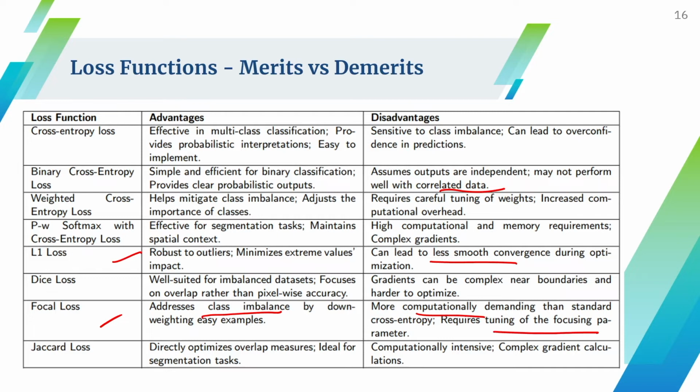And another methodology we can see is the pixel-wise softmax methodology. This methodology is very effective for segmentation, and as a disadvantage we can say high memory requirements or high computational power is required for this methodology.